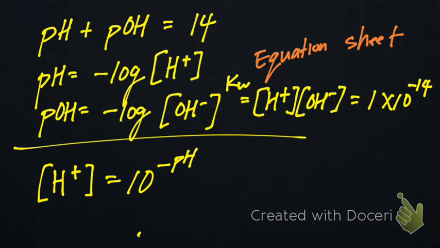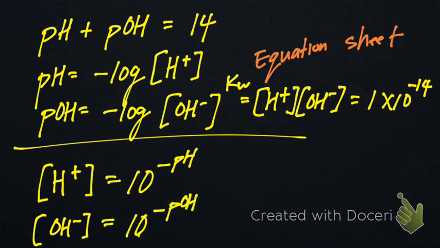H plus times OH minus is always 1 times 10 to the negative 14 power. I think that's all in your equation sheet. But the other one that's not there is OH minus equals 10 to the negative pOH power. So those two I don't think are found anywhere on your equation sheet, but they're crucial if they give you the pH, to get H plus. Okay?